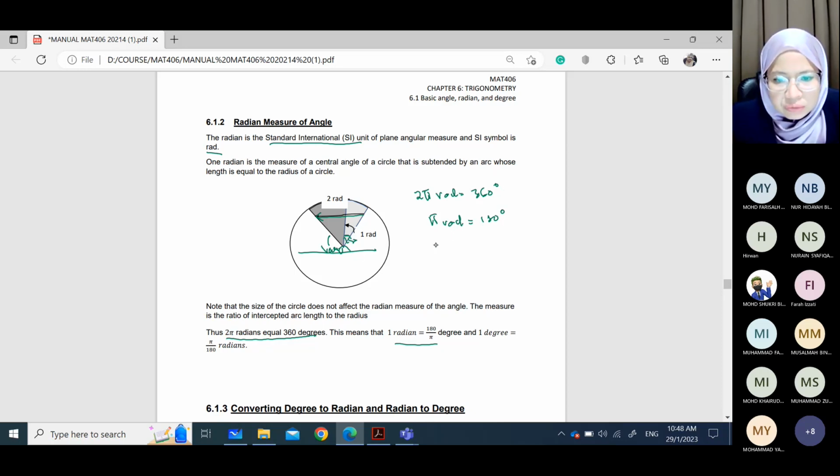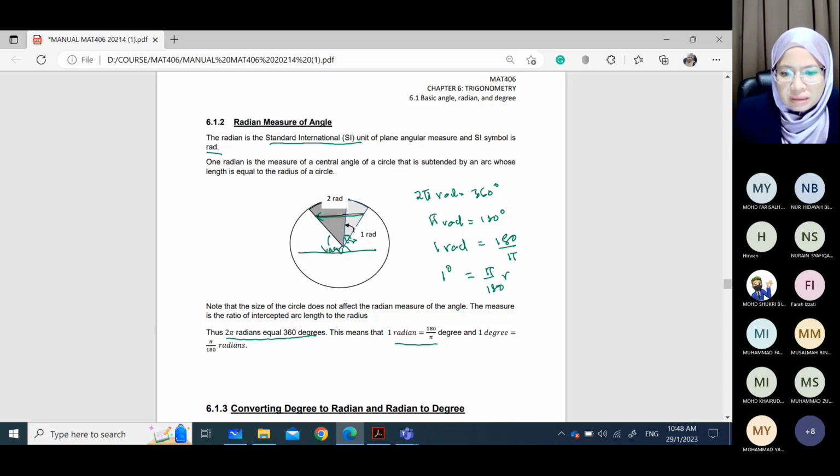Okay. So kalau 1 radian, equivalent with 180 over pi, and for 1 degree, it is equivalent with pi over 180 radians. Okay, so ini dalam kiraan radian kepada degree dan degree kepada radian. Nanti kita akan tengok formula dia. Right?